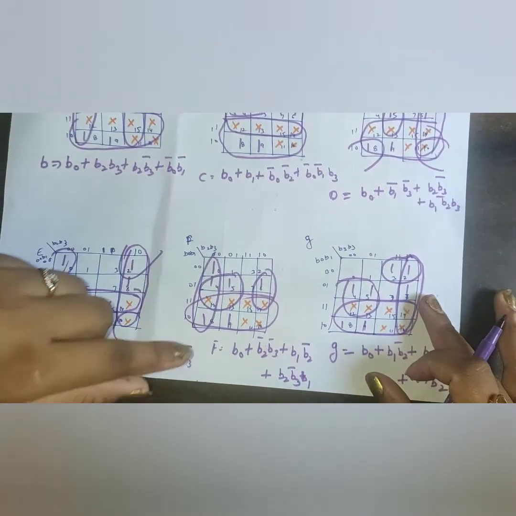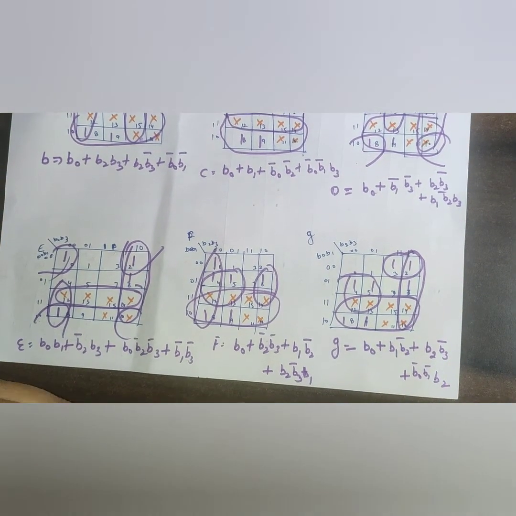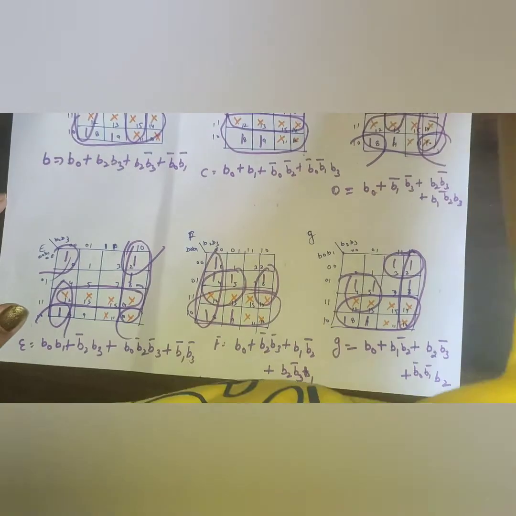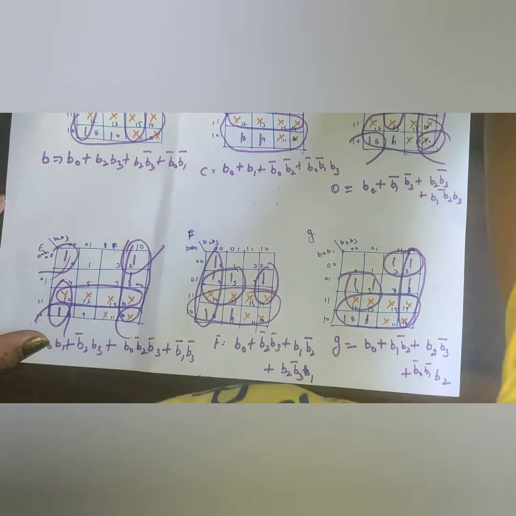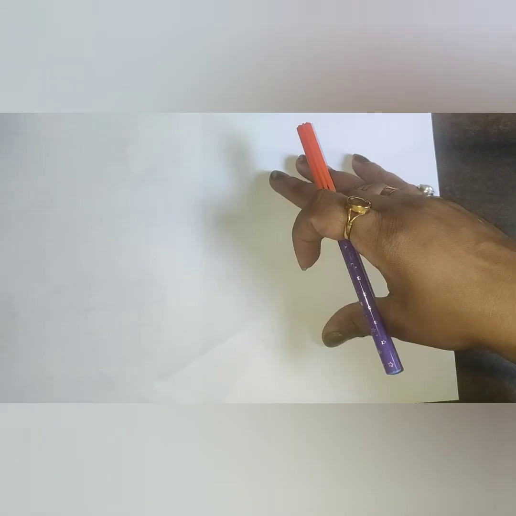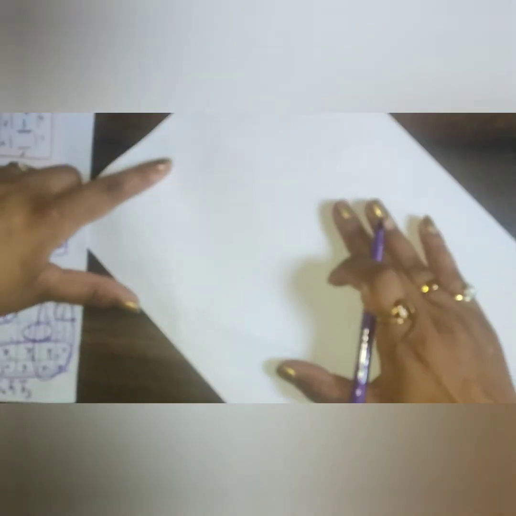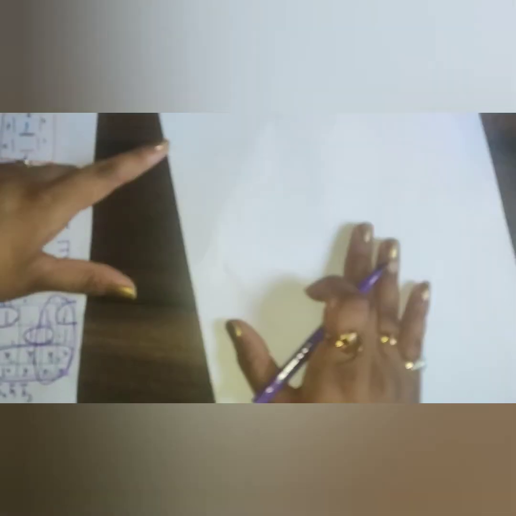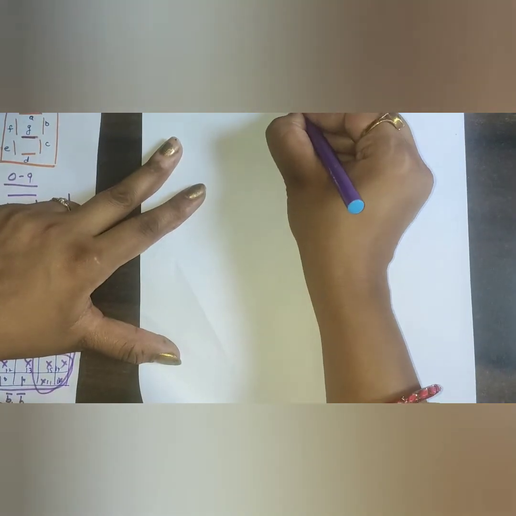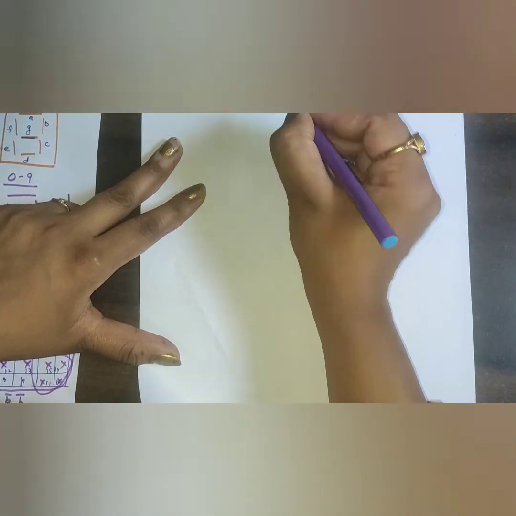So these are our equations for the 7 segment display. So you can make a circuit diagram for each of the equations. So you can make like this, B0, B1, B2 and B3.